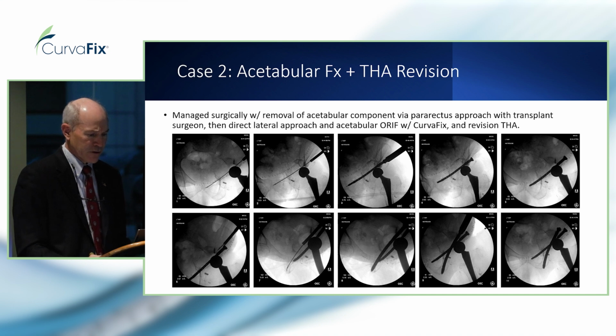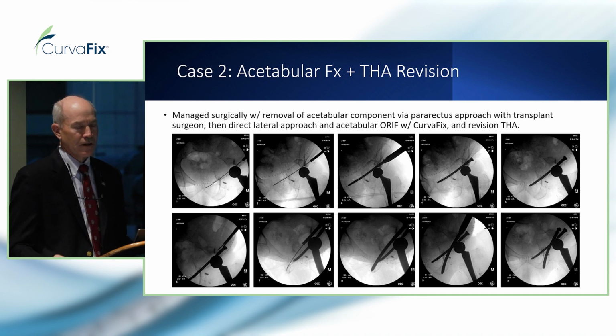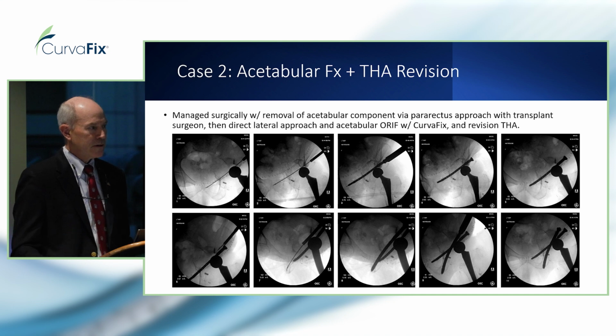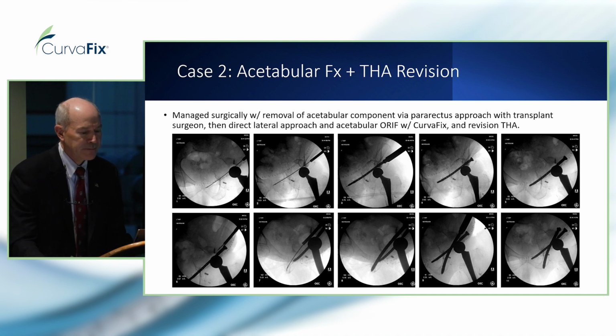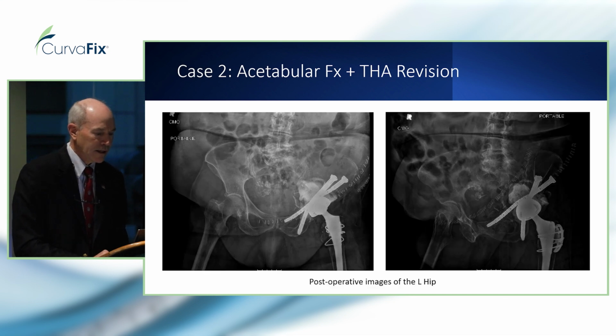Put a CurvaFix screw down that, and then went intrapelvic on the pelvic brim and placed the posterior column screw. So that gave us our column support across what was a segmental defect of the acetabulum, and then cemented in an acetabular component. And she initially did well.